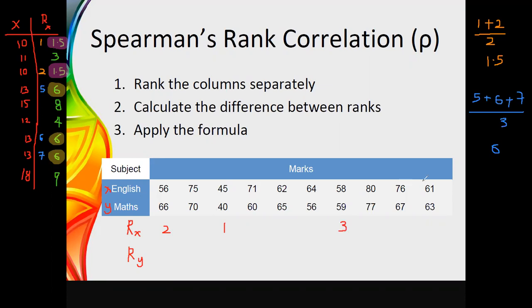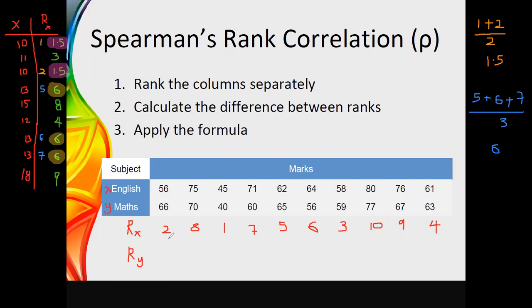Thereafter we can see 61 and 62, which are 4 and 5. Then 64 is 6. Next set of values, 71, 75, and around 70, are 7, 8, 9, 10. This is what I have done for the rank of X, for the set of X data.